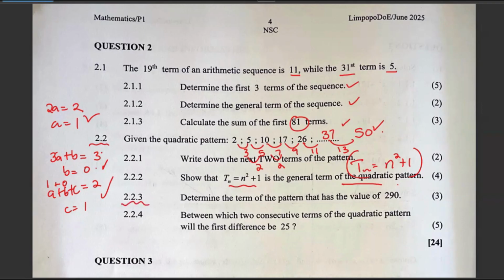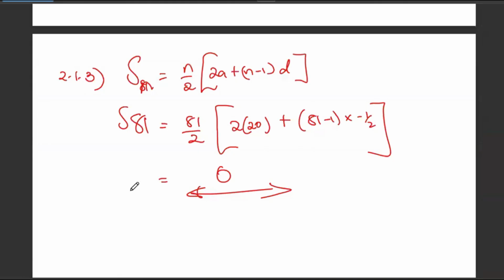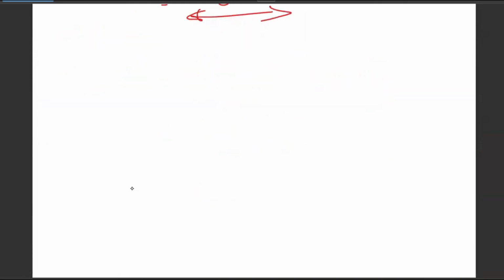2.2.3, determine the term of the pattern that has a value of 290. They want us to get the n, the position. So if our Tn is n squared plus 1, we need n if our Tn is 290.